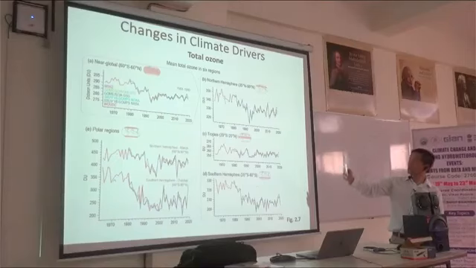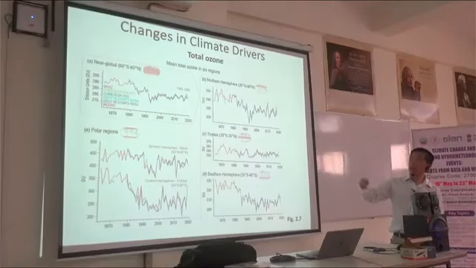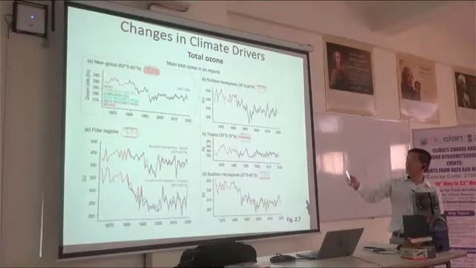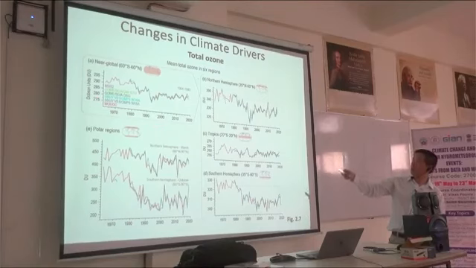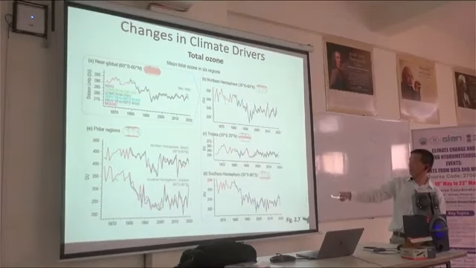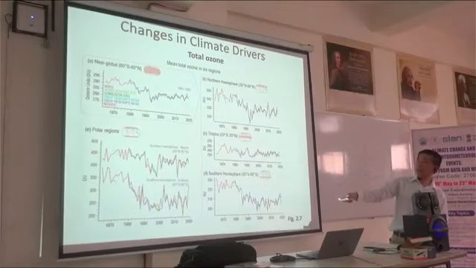So this is from the IPCC report talking about the ozone layer trend in recent years. Here is the global average, and then you have the different climate regions: the northern atmosphere, the tropical region, the southern atmosphere, and then the polar region.